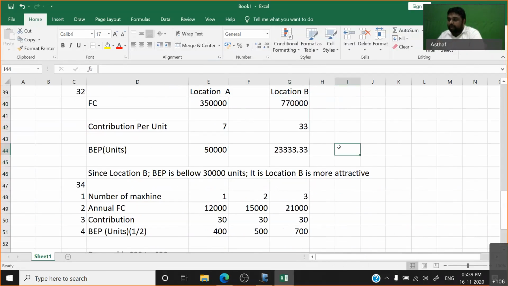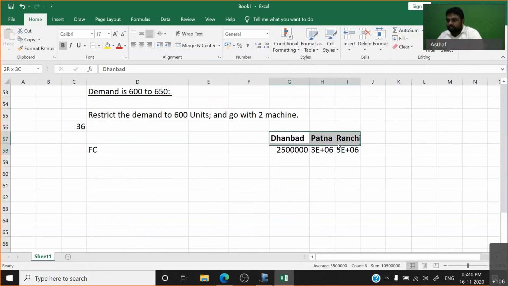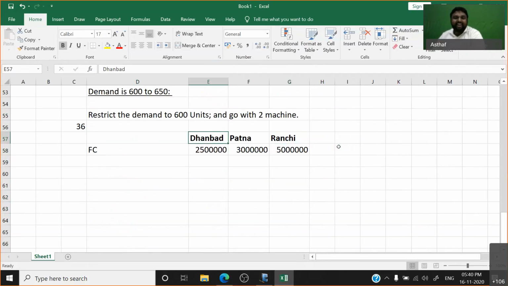So what I do now, I am just making a small change. I am bringing Dhanbad here. The lower fixed cost I take first. The lowest fixed cost is Dhanbad. So 25 lakh, 30 lakh, 50 lakh. I just changed the order.